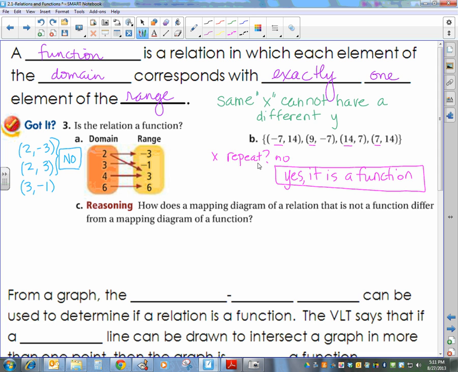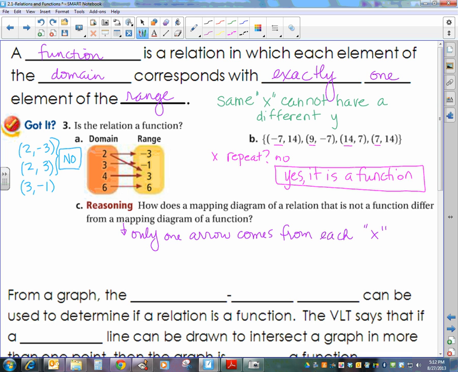Hopefully you can see that if it is a function, then only one arrow comes from each x, each element in the domain, however you want to say that.